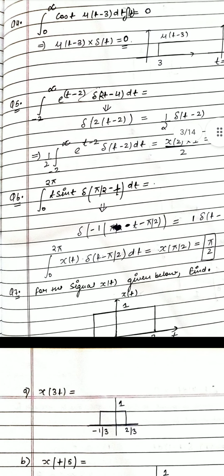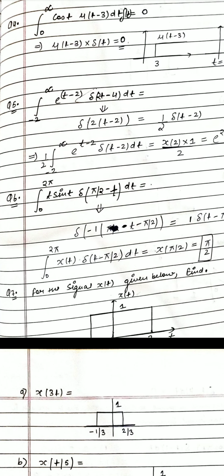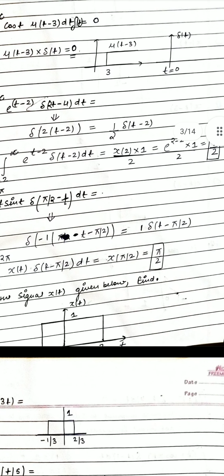Now question number 6. 0 to pi t sin t del of pi by 2 minus t dt. Now first of all take minus 1 outside, and then it will be somewhat like this.